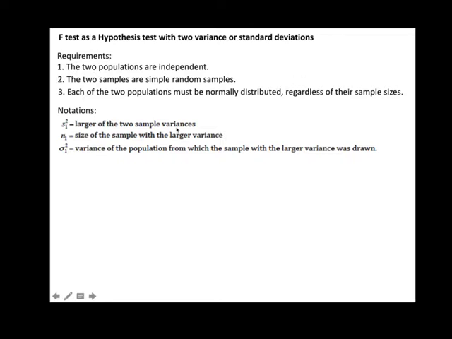That means when you look at the data of the two populations, first you look at the sample variance. Which one is the larger one? The larger one will be your population 1, and the other one will be your population 2. And N is the sample size, and sigma squared is your population variance.